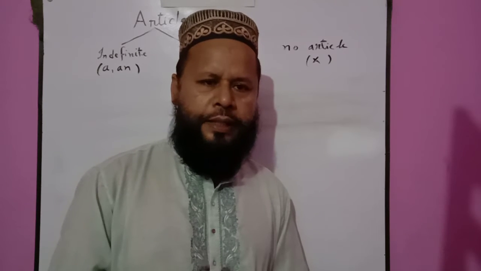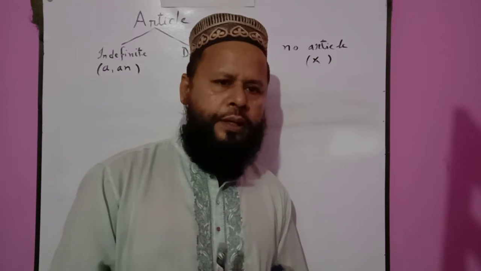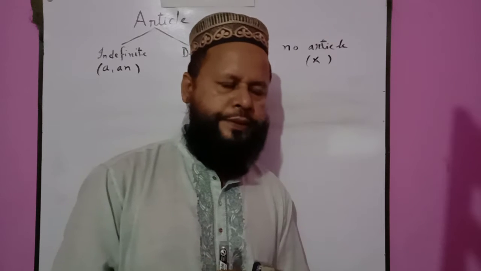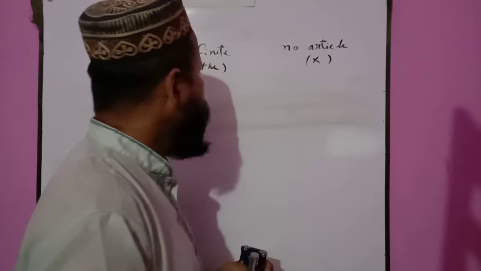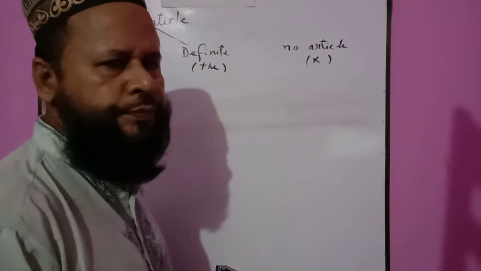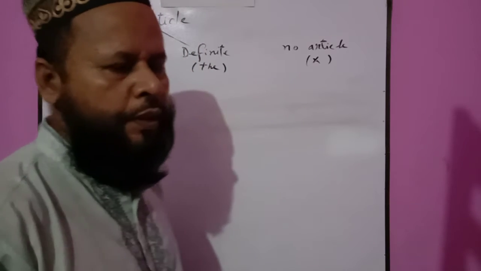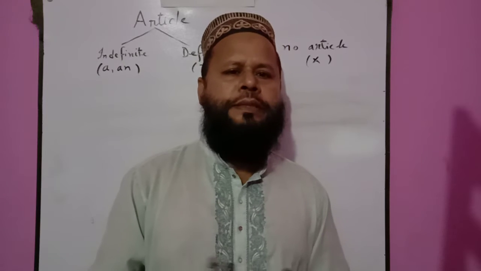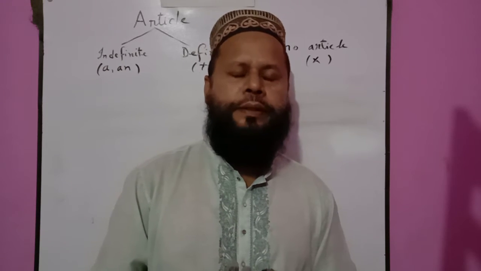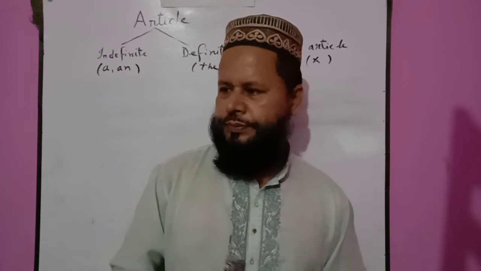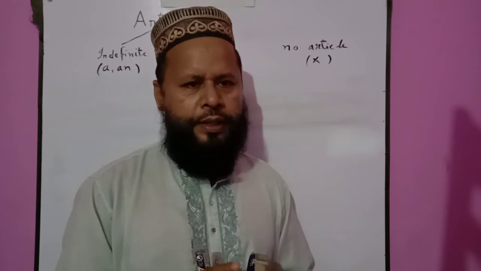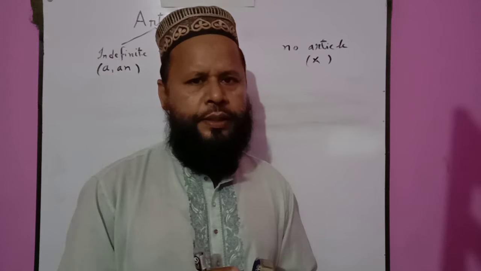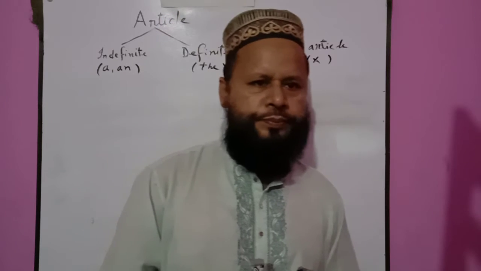A or an sits before indefinite noun or noun phrase. Do you know how many vowels in English alphabet? You must know. There are 5 vowels: A, E, I, O, U.